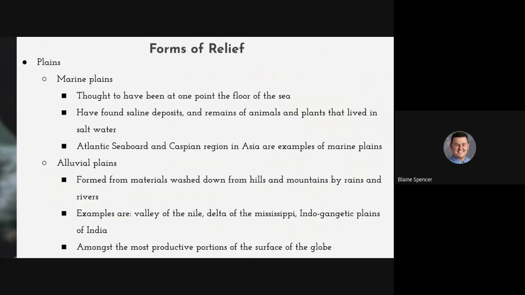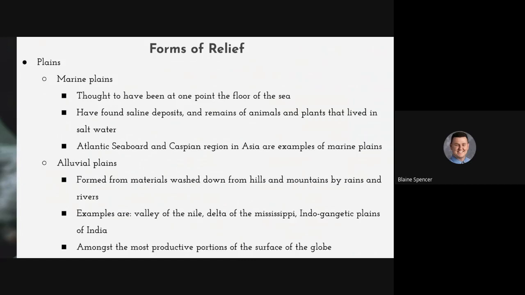Next, the Delta of the Mississippi. Part of the Mississippi River, the Delta area, a valley, a plain area, is an example of the alluvial plains.